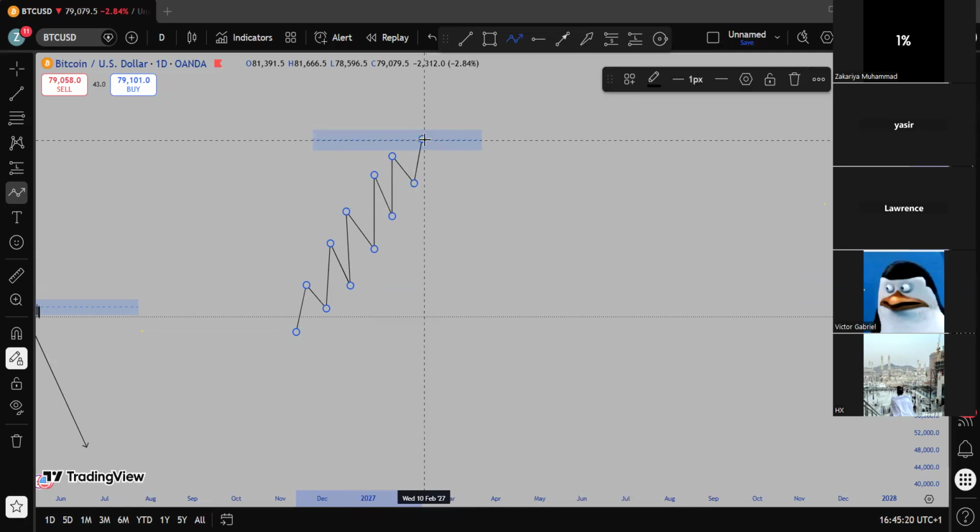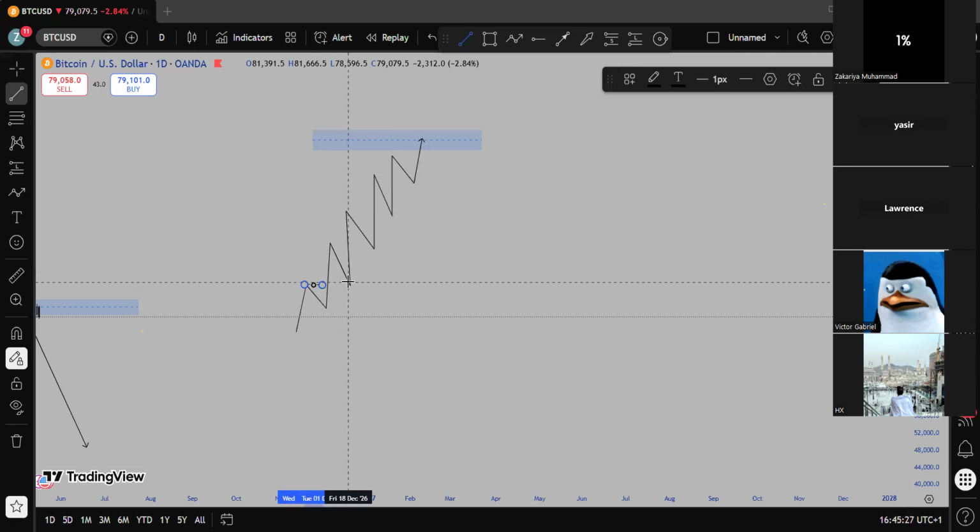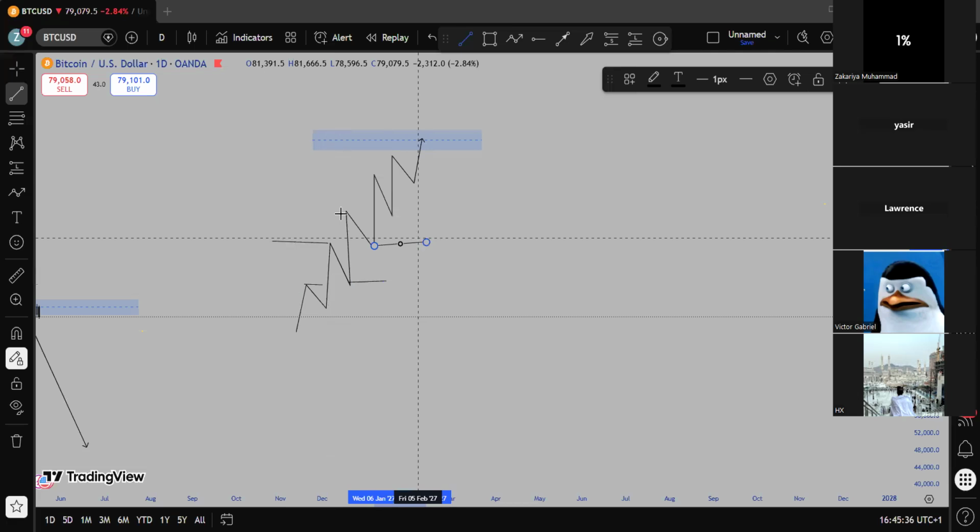So we know that anytime the market breaks a high, it creates a new higher low. Break a higher high, it will create a new higher low.